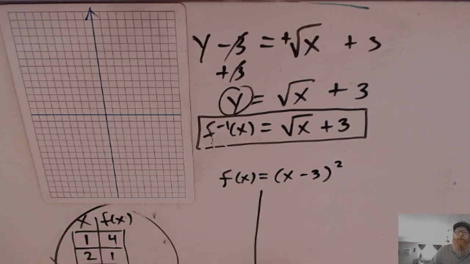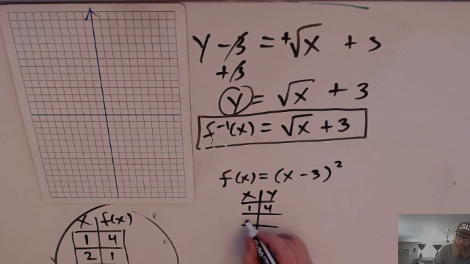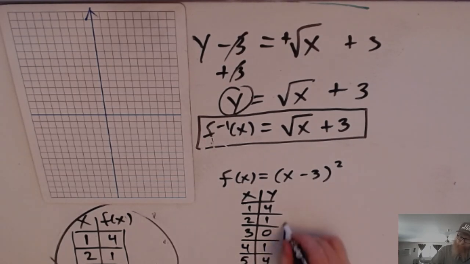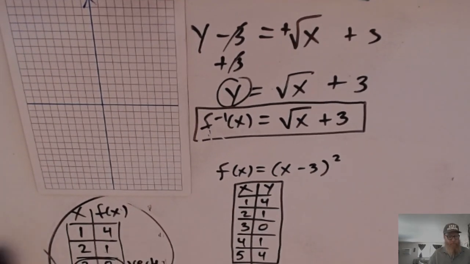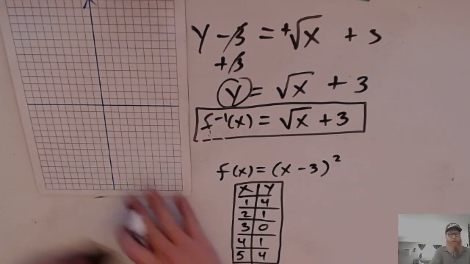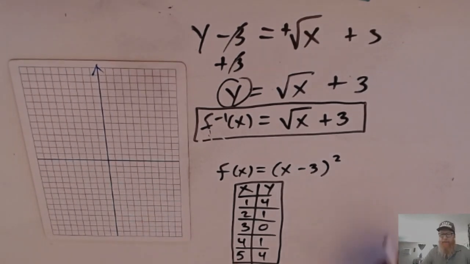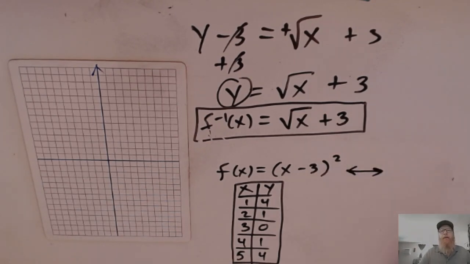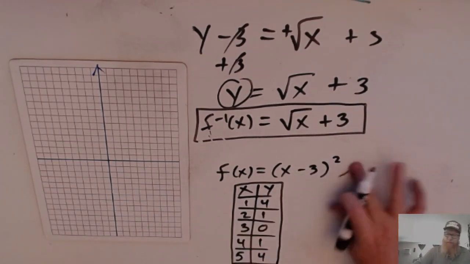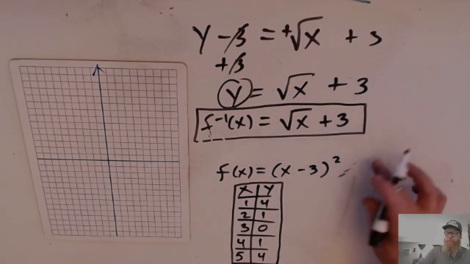And the table of values was 1, 4, 2, 1, 3, 0, 4, 1, and 5, 4. OK. And then I've got my inverse function. My inverse function's right here.